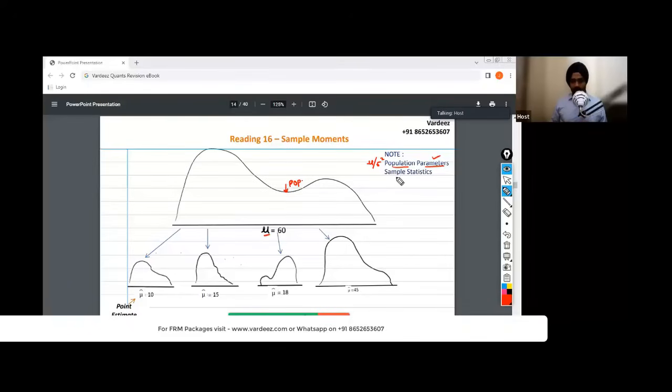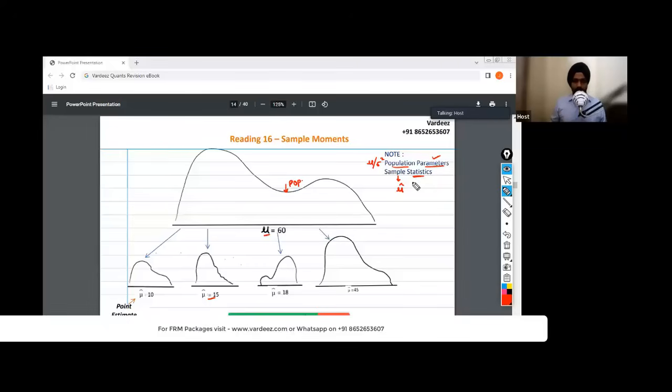Now, if I talk about a sample, whatever mean and variance I get for the sample, in statistical language I call them sample statistics. Often, when we talk about confidence intervals and so on, you'll hear: what is a sample statistic? A sample statistic is mu hat, this hat symbol that you see refers to sample data.